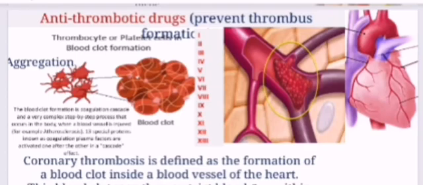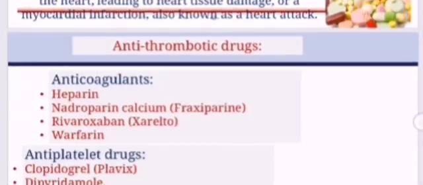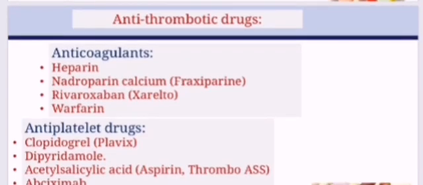There are 13 factors which are involved in the formation of thrombocyte. Factor 1, 2, 3, 4, 5, 6, 7, 8, 9, 10, 11, 12, and 13. Anti-thrombotic drugs are used when the thrombus is formed, for the removal or dissolution of thrombus.